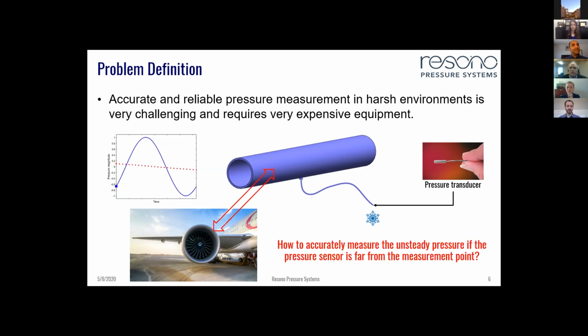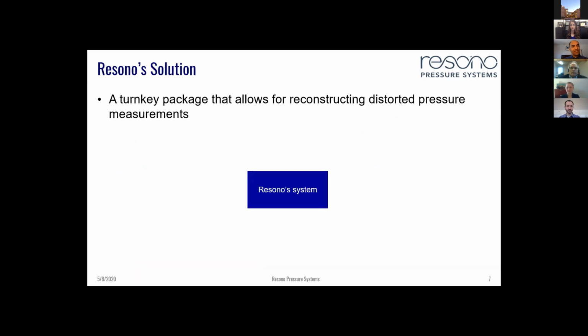So this is the problem that we are trying to answer: how to accurately measure the unsteady pressure if the pressure sensor is very far from the measurement point. And it's very common in the industry, as we'll further discuss later in this presentation. So what's our solution?